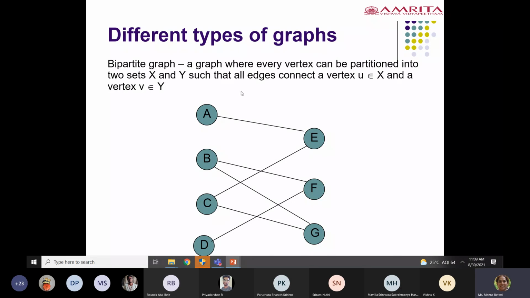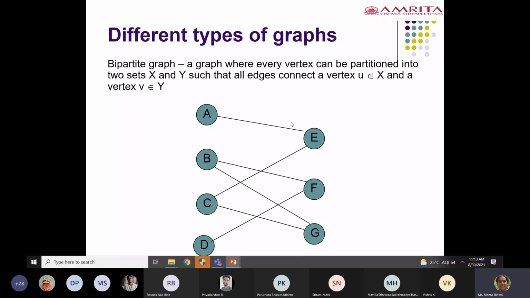Okay, so a teacher is a person and a class is, let us say, class 1, class 2, class 3, like that. A vertex cannot fall into both sets. A vertex has to fall into only one set. Every vertex can be partitioned into two sets. Either it will go to set X or set Y.